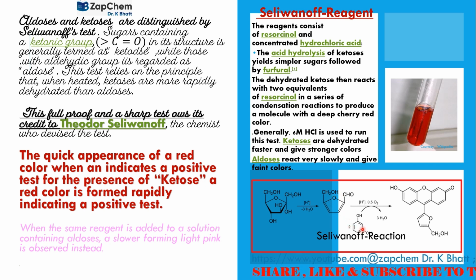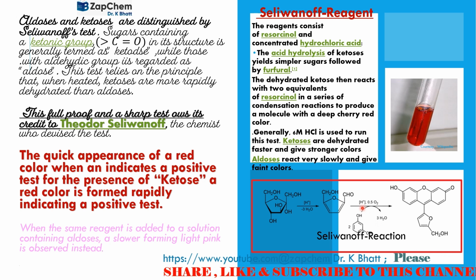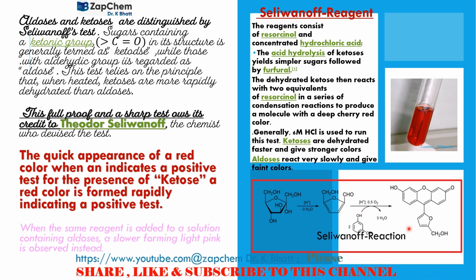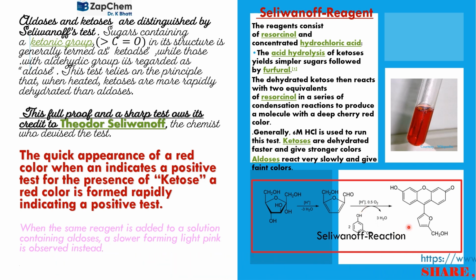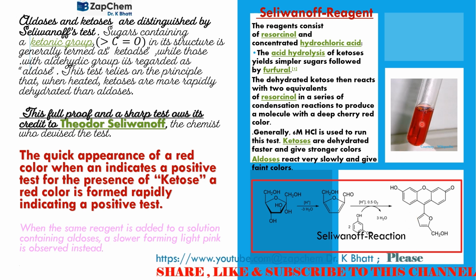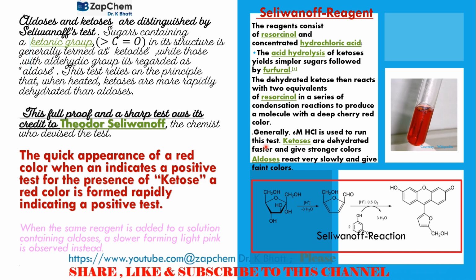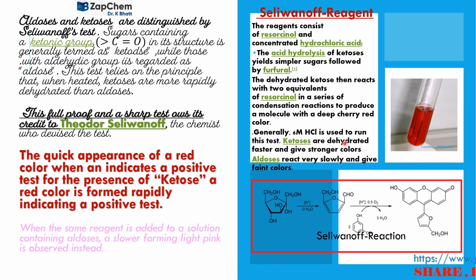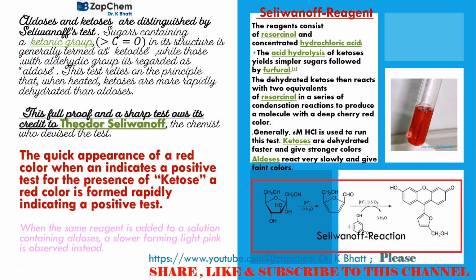And then when this is treated with resorcinol in presence of an acid, we get a compound which has a deep red color like this. Generally, as given here, 6 M HCl is used for this test. Ketoses are dehydrated faster and give a strong color like this.